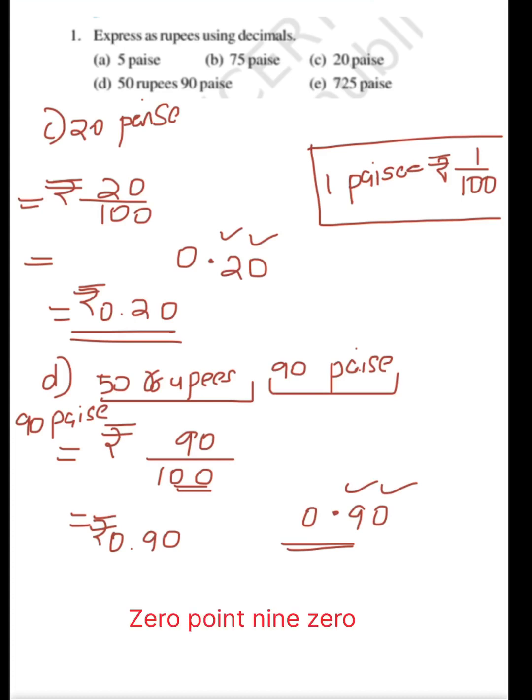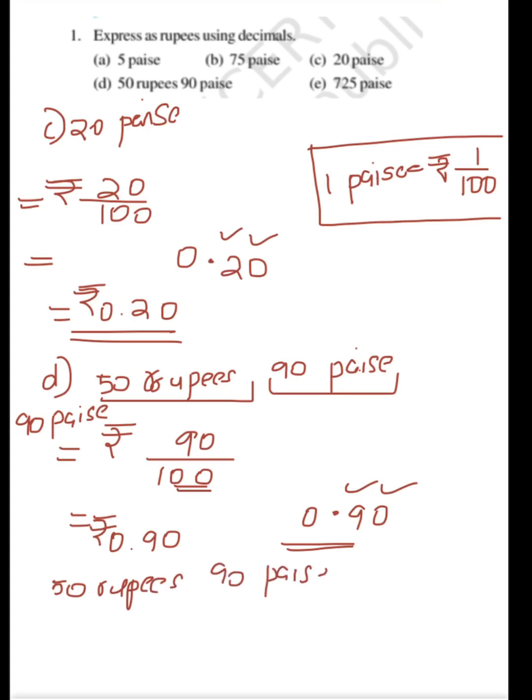Now you have to write it completely. That is 50 rupees 90 paise. So 50 rupees 90 paise will be equal to 50 rupees and, for the 90 paise, we have got the answer as 0.90 rupees.